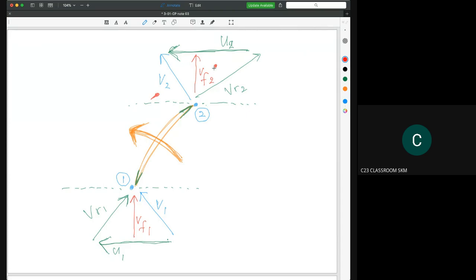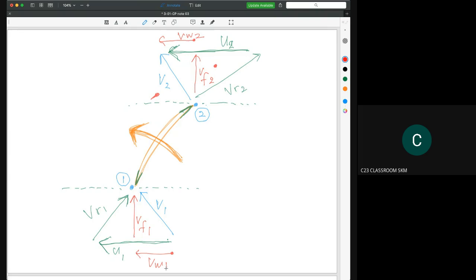Because of that, we need to draw another component that shows the turbulence. So the turbulence goes from this point to this point. We write it as V world 2, and from here to here is V world 1. Okay, so now you have a complete set of your velocity triangle.